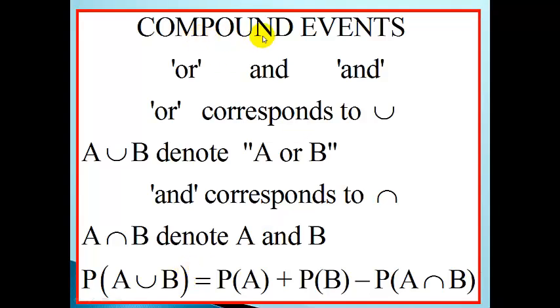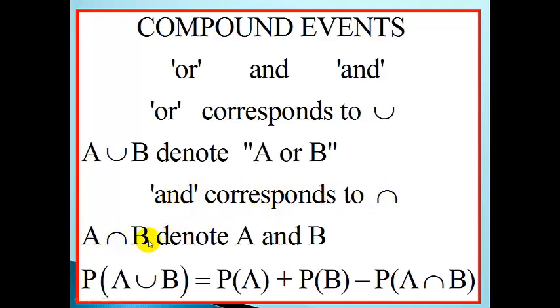Now let's look at compound events. Compound events are events that are joined by 'or' and 'and'. Take note that 'or' corresponds to union. So when we say A union B, it denotes A or B. And 'and' corresponds to intersection.